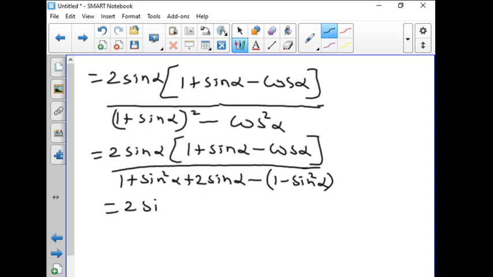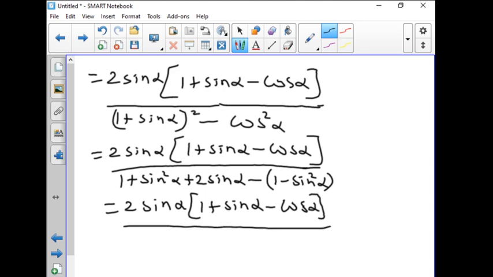So in the denominator we have 1 plus 2 sin alpha, then minus 1, and minus into minus is plus sin square alpha, and here also we have sin square alpha, so we can write it as 2 sin square alpha.